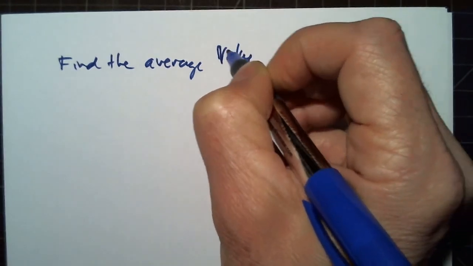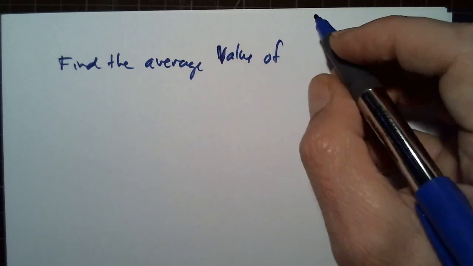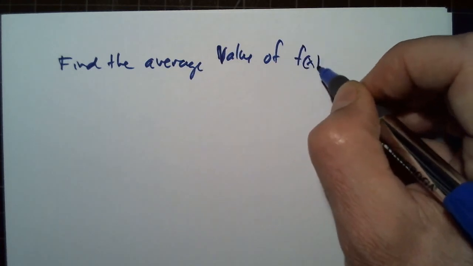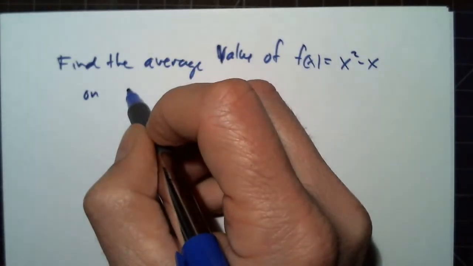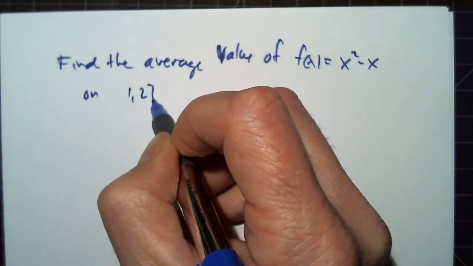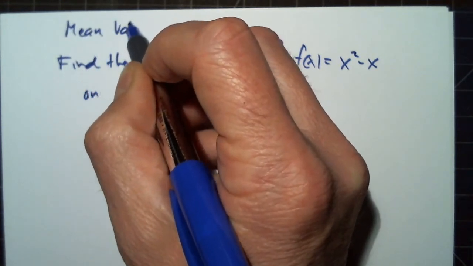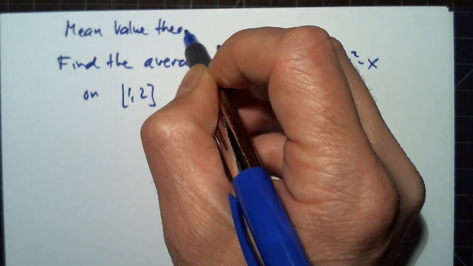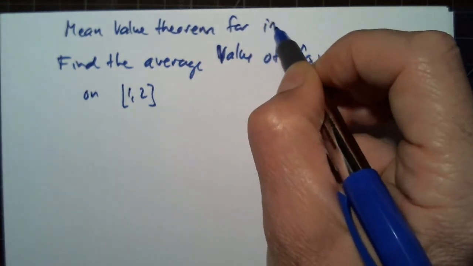Oops. Average value of f of x equals x squared minus x on 1, 2. So this is using the mean value theorem for integrals.